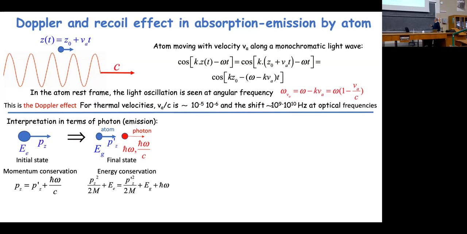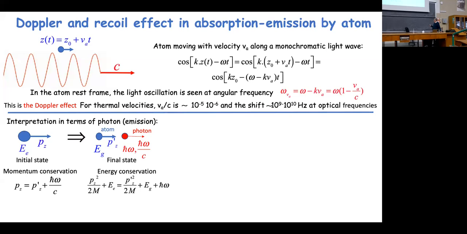So I write here the conservation of momentum. It's non-relativistic. I just assume very small velocities. So you take the non-relativistic momentum, and p z is equal to p prime z plus h bar omega over c: the momentum of the atom plus the momentum of the photon.